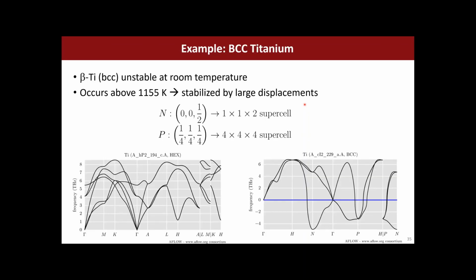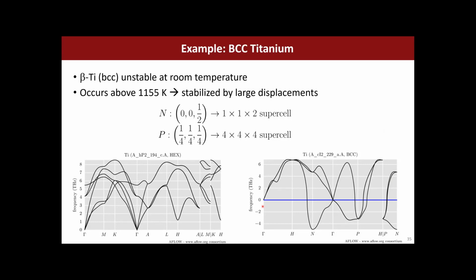Here's an example. Titanium is hexagonal, but for BCC titanium, we can calculate the phonons for those too. Here's the hexagonal structure, and here is what we have for phonons in the body-centered cubic cell. You see there are negative frequencies. They're just displayed as negative. They're actually not negative, they're imaginary.